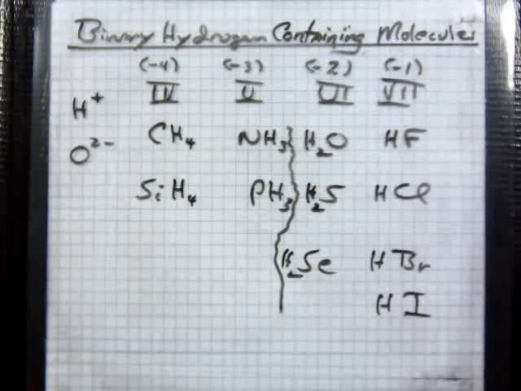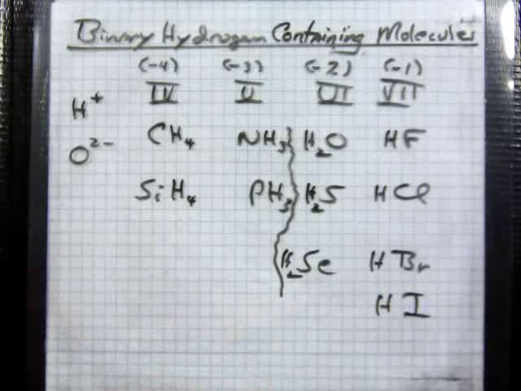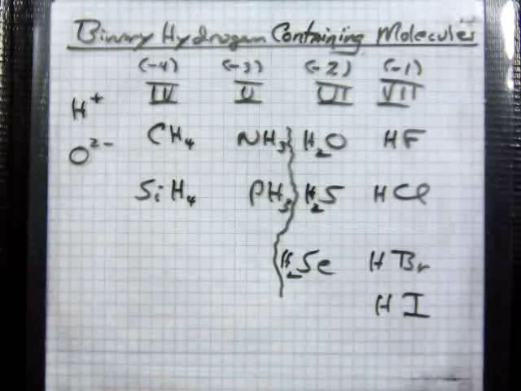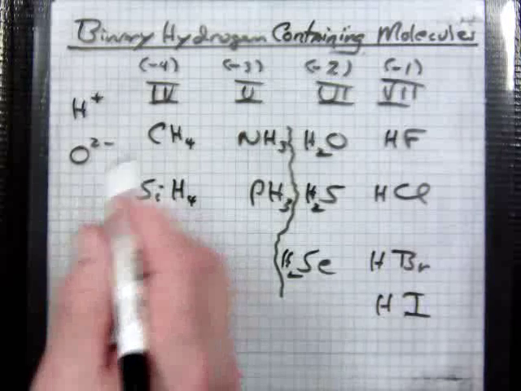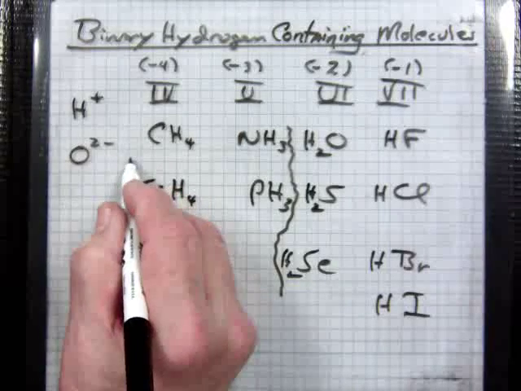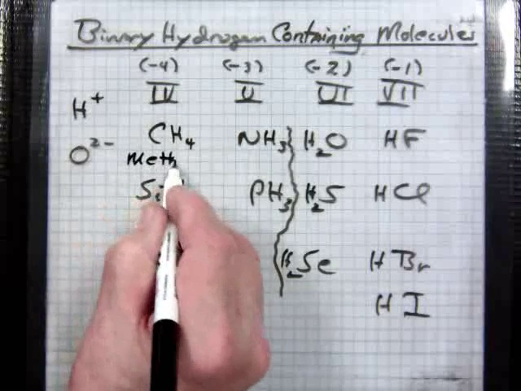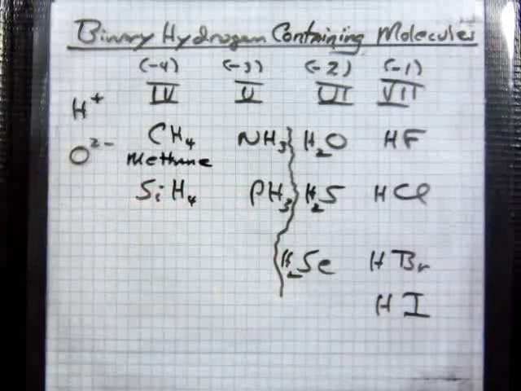Now you have 2 types of names. You have what we call a common name, and then you have an IUPAC name, which is a systematic naming of the compound. That's when you have the IDE ending on the singular elements at the end of this. But of course, CH4 is called methane, and it is the simplest hydrocarbon.